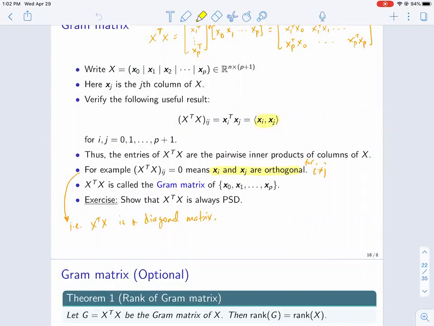Professor, is a projection matrix a kind of vector space? Can you say your question again?